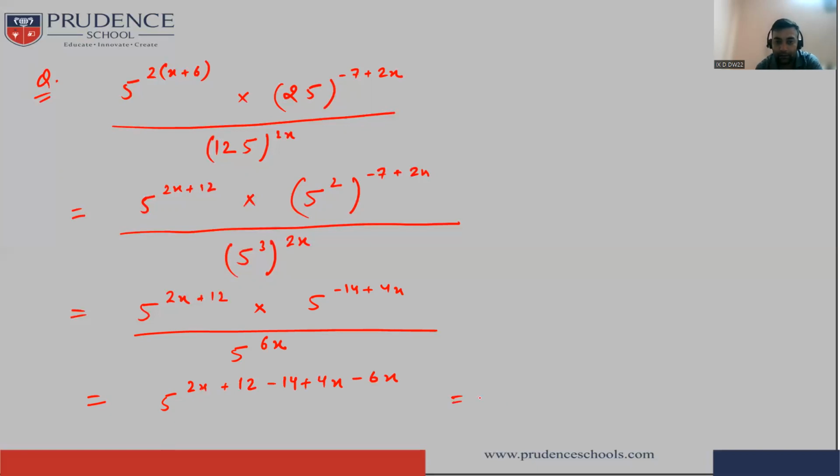Now this can be written as 5 raised to power 6x minus 6x and minus 2. So 6x and 6x will get cancelled. You will get 5 raised to power minus 2, which can be written as 1 upon 5 raised to power 2. Also, it can be written as 1 upon 25. So this will be the answer.